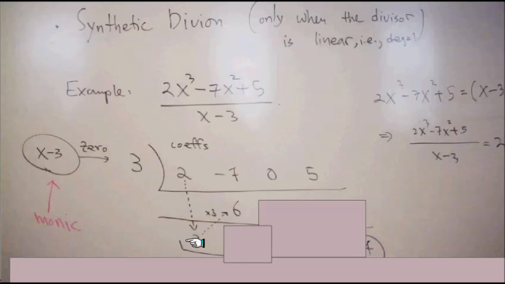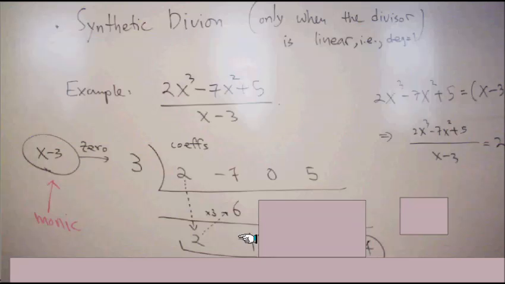Rather than negative 3, we multiply by positive 3. That's why we add these 2 coefficients, not subtract, because you already took care of the sign switch. So what you write down here is the sum of these 2 numbers, which is negative 1.